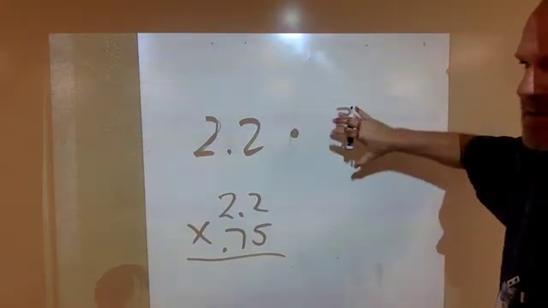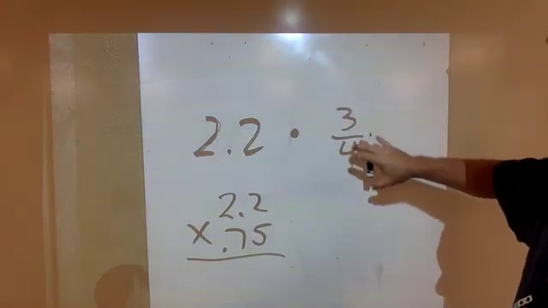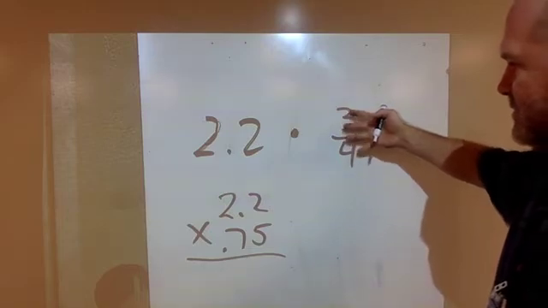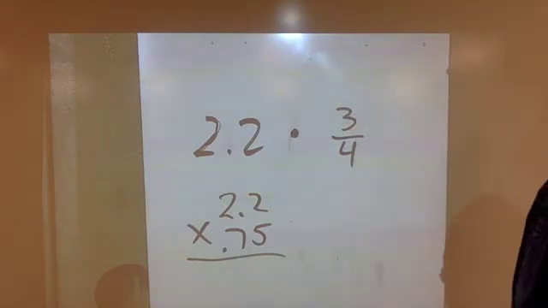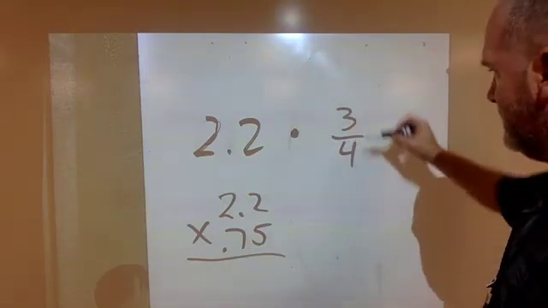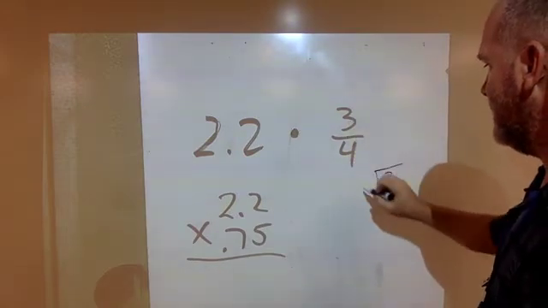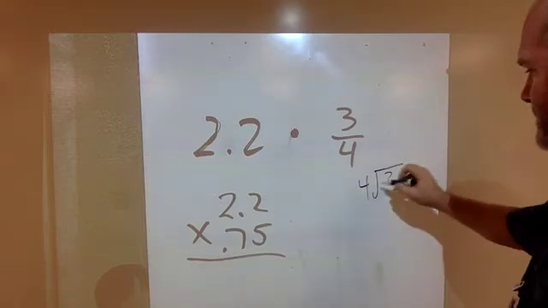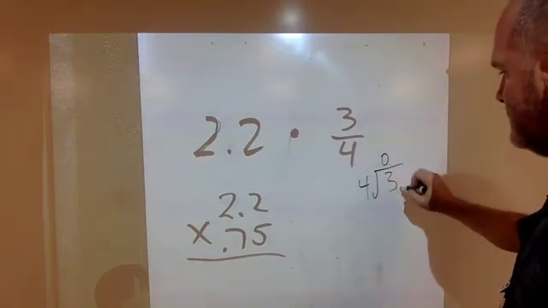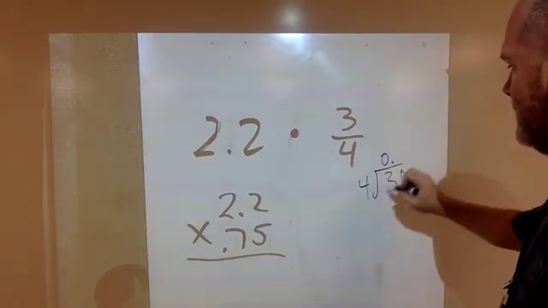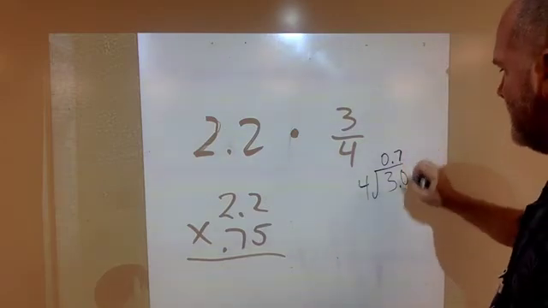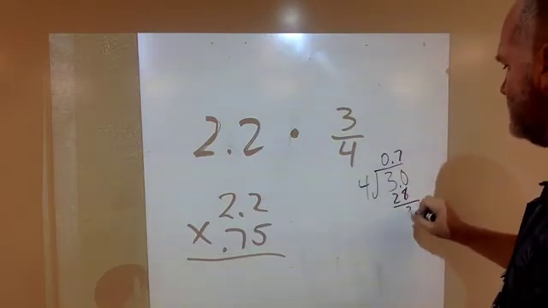Okay, that's thinking about it in your head, mental math. The actual formula to turn that into a decimal is to say 3 divided by 4. And then you can say, well, 4 doesn't go into 3, so you add a decimal and a 0. 4 goes into 30 7 times, which is 28, with 2 left over.